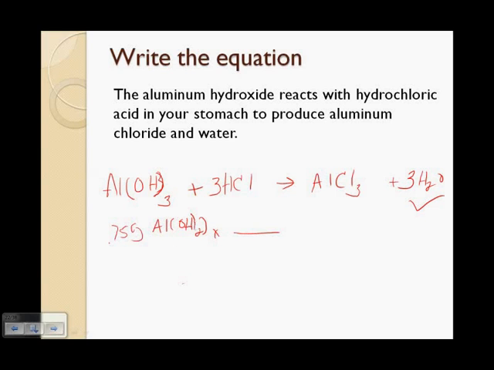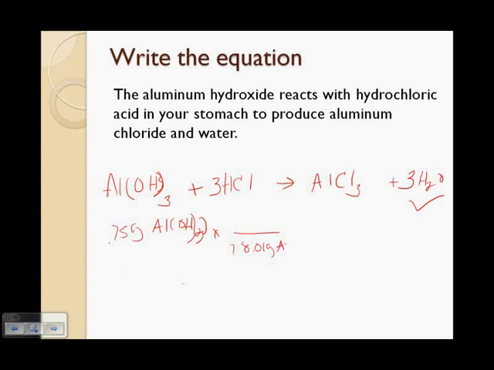That should be a 3. And my molar mass of aluminum hydroxide is going to be 1 aluminum, which is 26.98, plus 3 oxygens, plus 3 hydrogens. Add this up, and what I get for the molar mass is 78.01 grams.